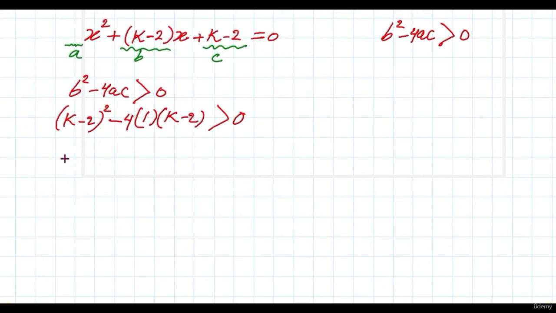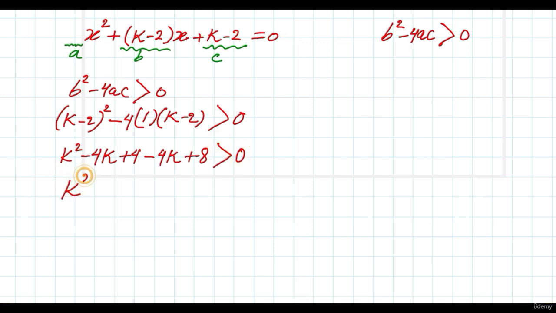Then we can simplify this, open the bracket, becomes k squared, then 2 times k is 2k times negative 2, it becomes negative 4k. Negative 2 squared becomes positive 4. Then negative 4 times 1 times k is minus 4k. Then negative 4 times 2 becomes positive 8. Larger than 0.